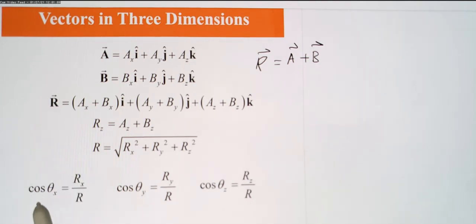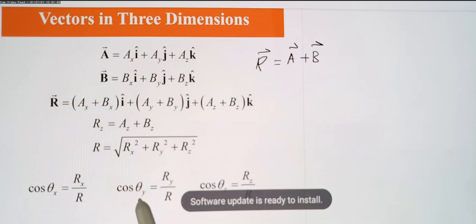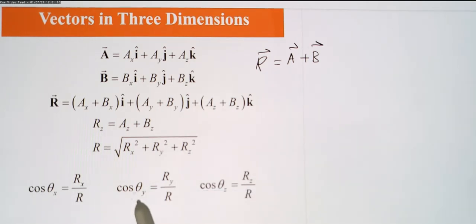Cosine theta x, the cosine of theta with the x-axis for the new vector, is Rx over R. The cosine of theta y, with the y-axis, is Ry over R, and the cosine of theta with the z-axis is Rz over R.